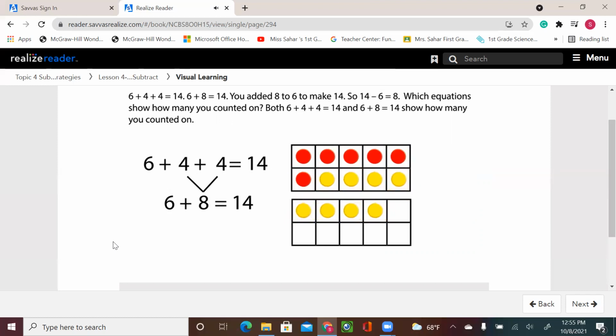You added 8 to 6 to make 14. So 14 minus 6 equals 8. Which equations show how many you counted on? Both 6 plus 4 plus 4 equals 14 and 6 plus 8 equals 14 show how many you counted on.